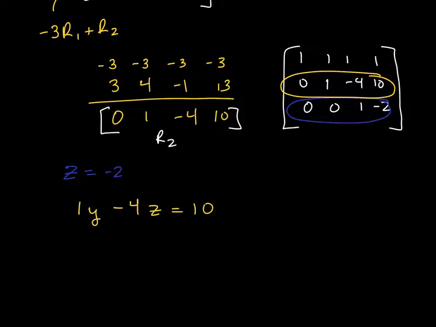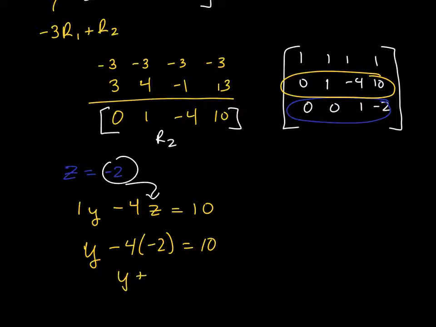So using substitution, I take that z is equal to -2 and plug that inside there. That gives me y minus 4 times -2 is equal to 10, or y plus 8 is equal to 10. Y is equal to 2.